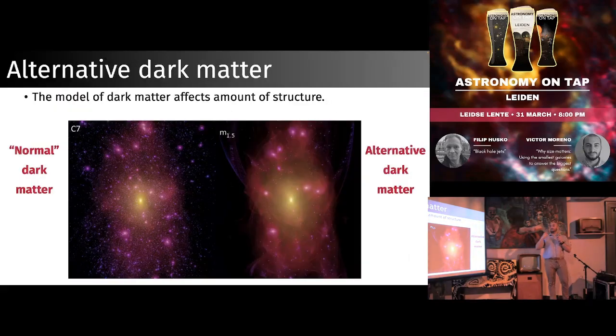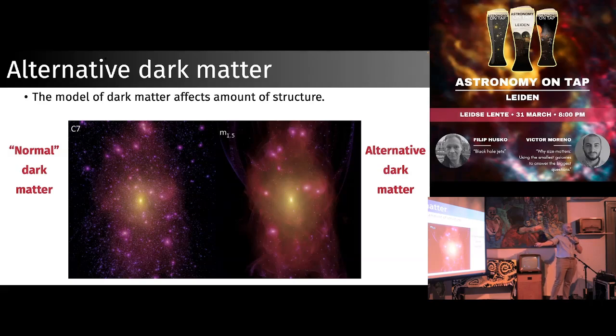Now, to go to the alternative dark matter models, let's think about what different dark matter models change relative to the normal dark matter model. For example, there are models of dark matter that change the amount of structure that you would predict around these Milky Way halos or galaxies. So on the left-hand side, that's a simulation of a Milky Way, and you're seeing the dark matter distribution, and this corresponds to normal dark matter, so you can see many clumps around here.